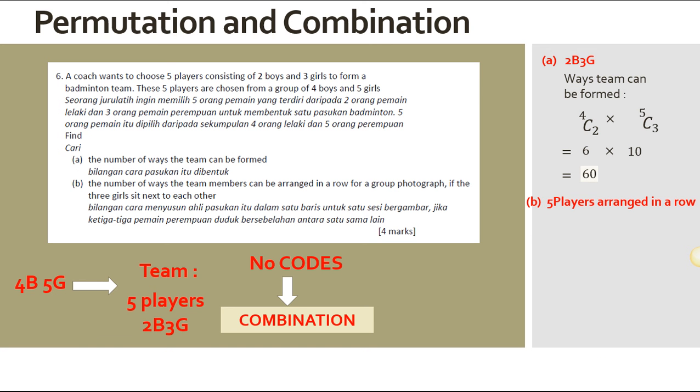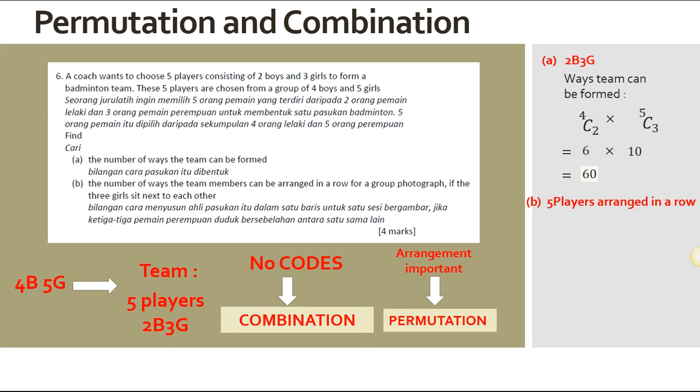Okay, B. 5 players are arranged in a row. There is another keyword here in the question itself: arranged in a row. So this is a question on permutation, because arrangement is important in this case.